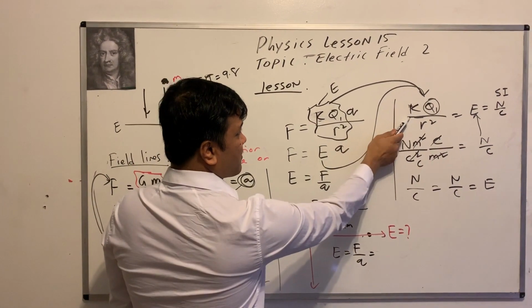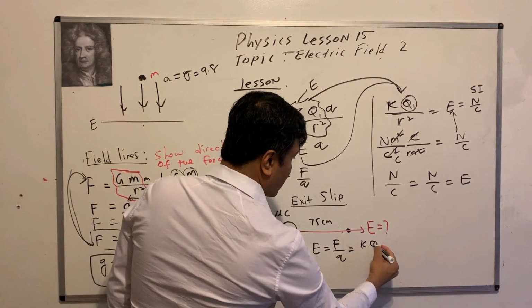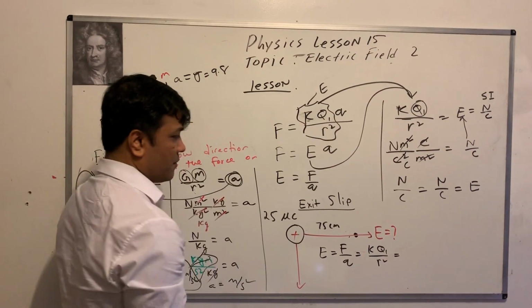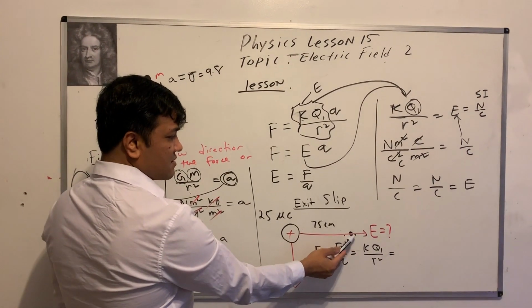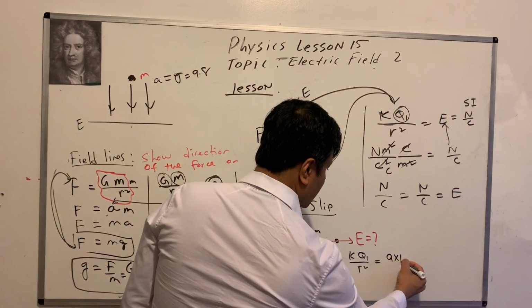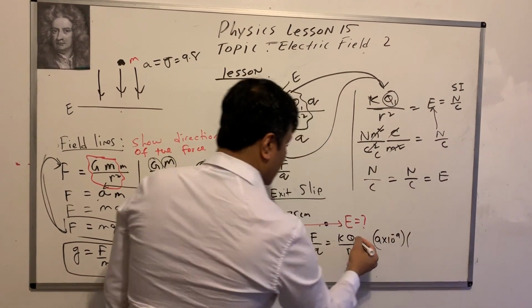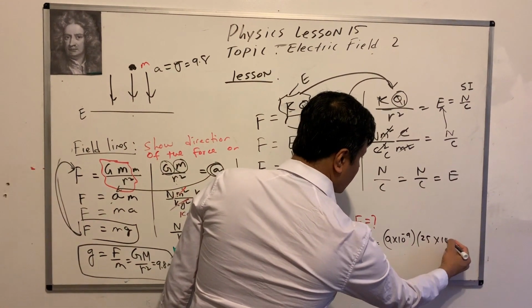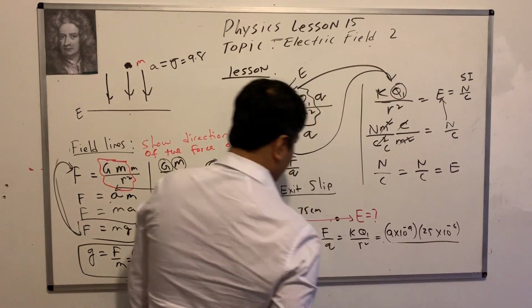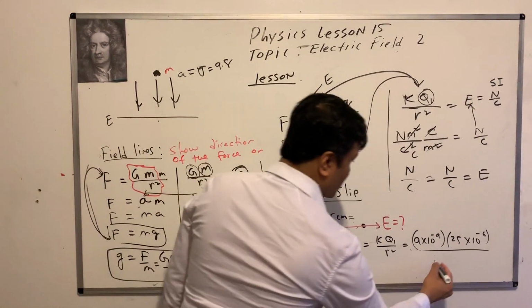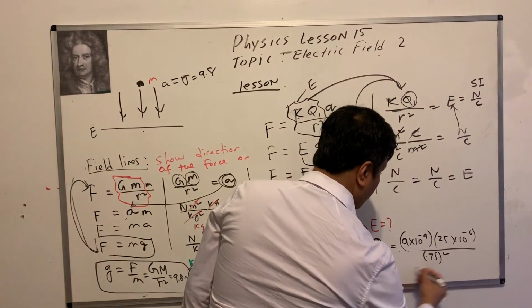So you have to use this formula, K Q1 over R squared, because I did not give you the value of this charge. So 9 times 10 raised to 9, and Q is 25. Be careful: 25 times 10 raised to negative 6. And 75 centimeter is 75 divided by 100, which is 0.75, squared.